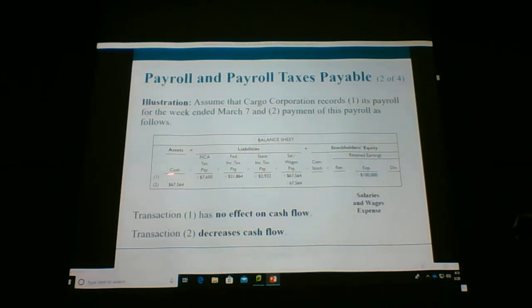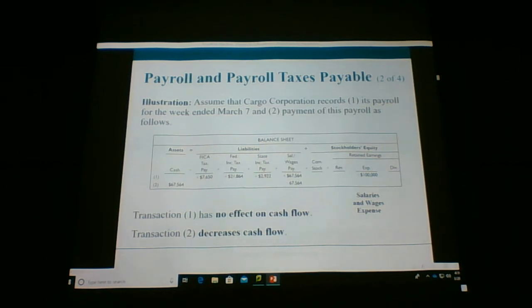Well, we immediately have a problem in that we paid out $67,564, but our expense is $100,000. Well, where's the rest of it? Well, what we did was we increased liabilities. Okay, we have increased liabilities.